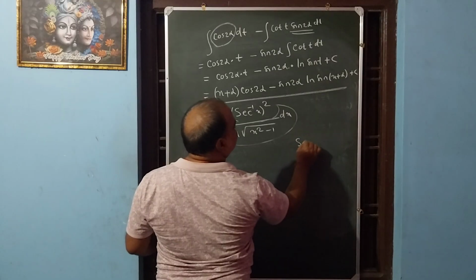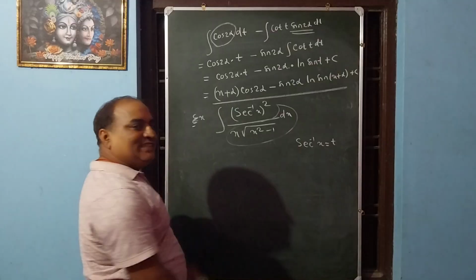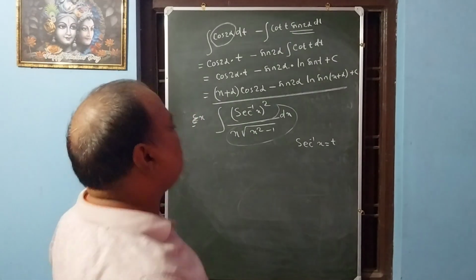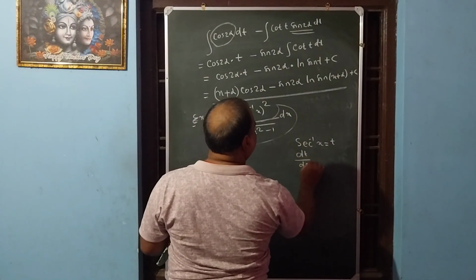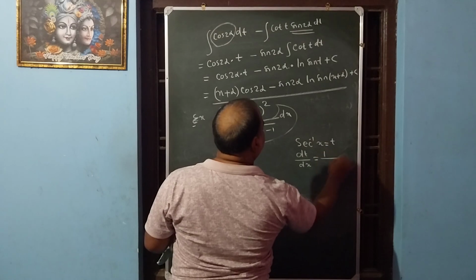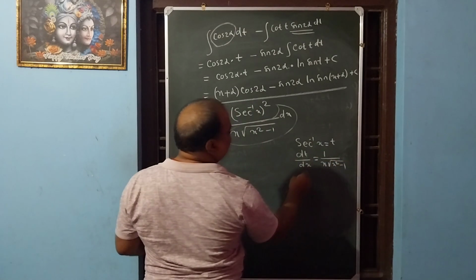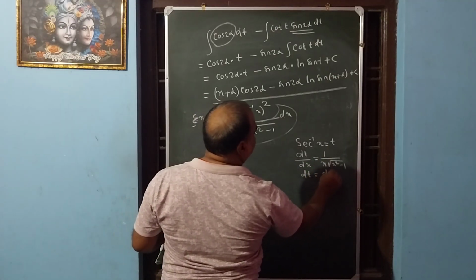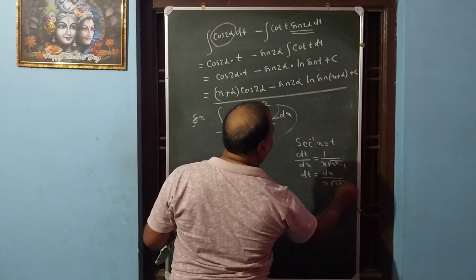Once you take that, you have to differentiate on both sides with respect to x. So we get dt by dx is equal to 1 by x into square root of (x square minus 1). So dx is multiplied there. So we get dt is equal to dx divided by x into square root of (x square minus 1).